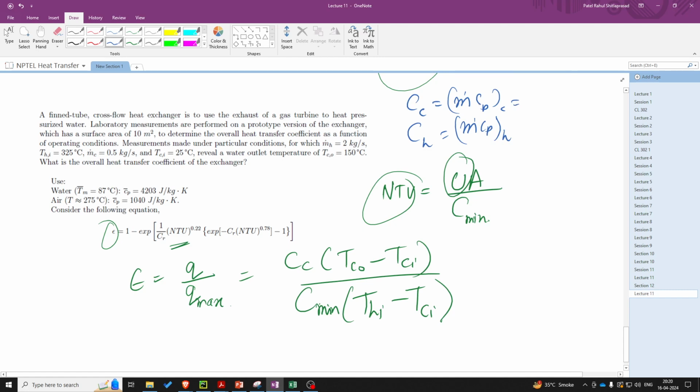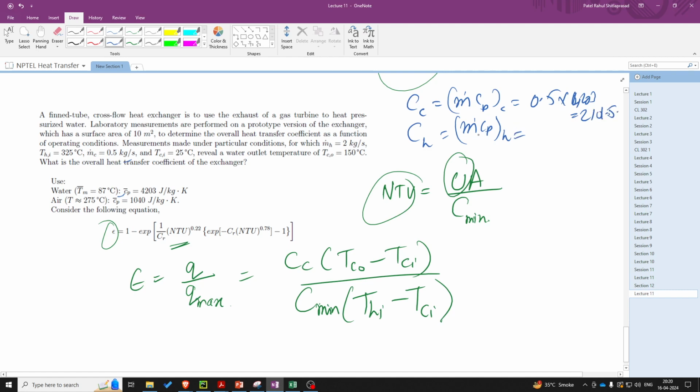So for the cold fluid, the mass flow rate is 0.5 and the heat capacity is 4203. It will be 0.5 into 4203, so this will come around 2101.5.